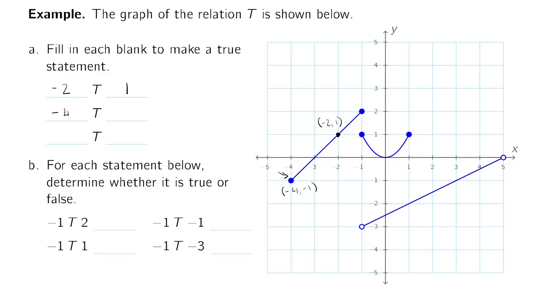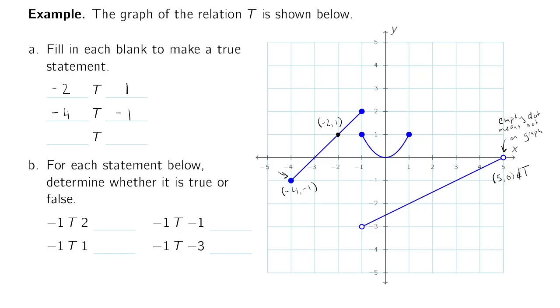So -4 is related to -1. Now, this point here, the empty dot indicates a point that is not on the graph. So that empty dot is showing me that the pair (5, 0) is not an element of the relation T. So I could not write 5 is related to 0.